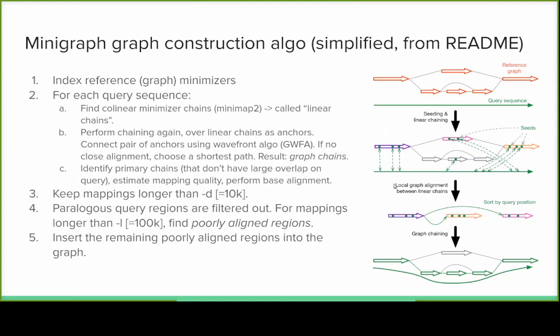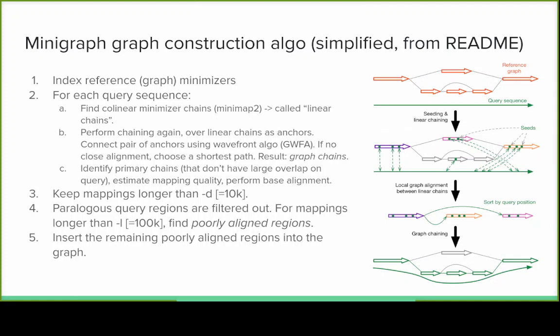I don't believe they are actually the graph chain. I believe it's represented as the very last step of this graphic. And then there is a change of definitions, because you move from graph chain to primary chains, and the term primary comes from mapping.